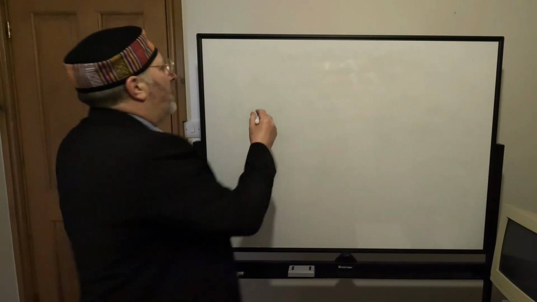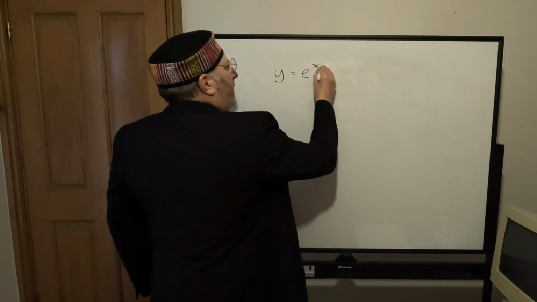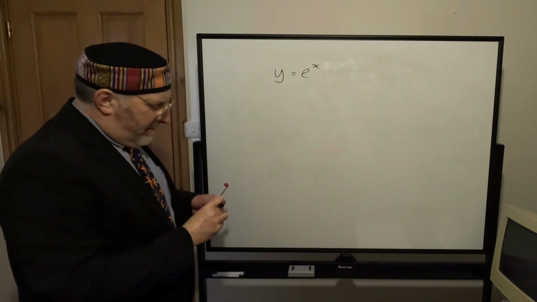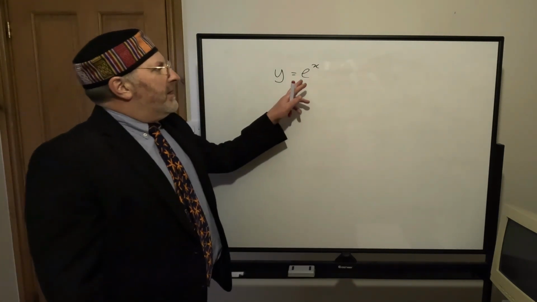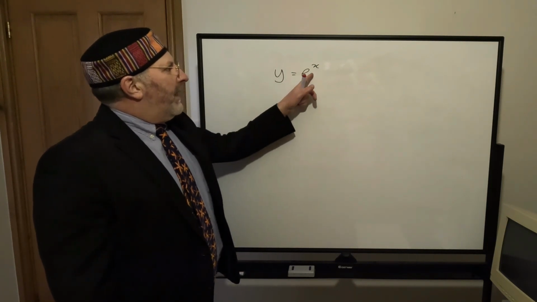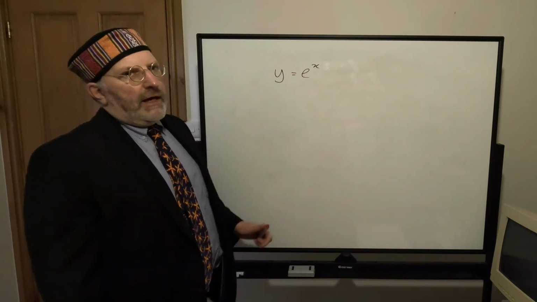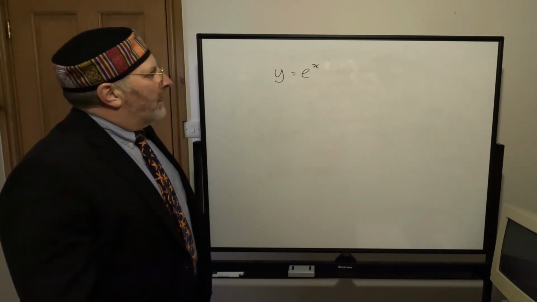Okay, so we have this thing y equals e to the x, and this is really the definition of e. It's the value where when we differentiate this we just get back the same thing, e to the x.